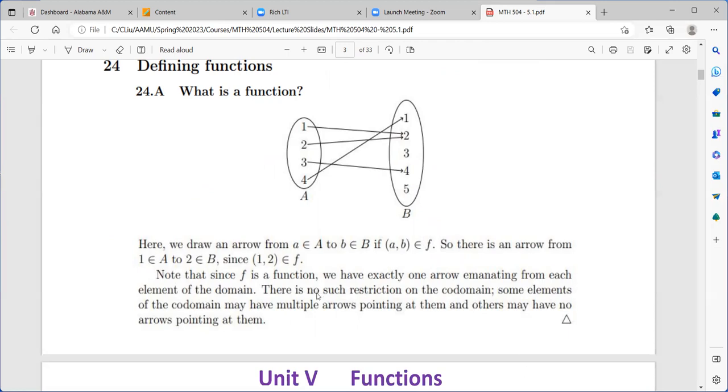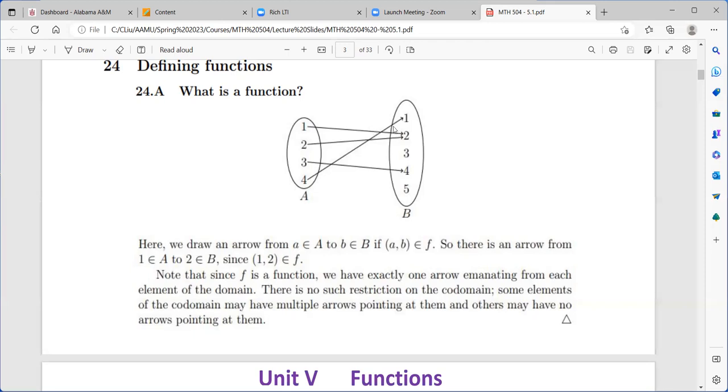If you look at the graph, when f is a function, we have exactly one arrow emanating from each element of the domain. That's why you cannot have two pairs with the same first coordinate but different second coordinates.